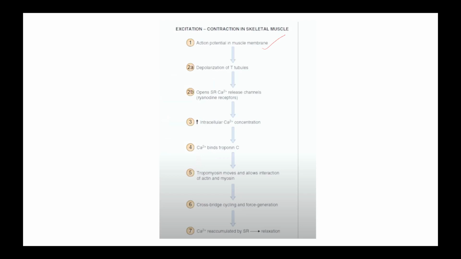Calcium binds to troponin, tropomyosin moves and allows interaction of actin and myosin, and cross bridge cycling and force generation take place. Calcium is re-accumulated by the sarcoplasmic reticulum, which causes the relaxation of the muscle. So this is the entire cycle.